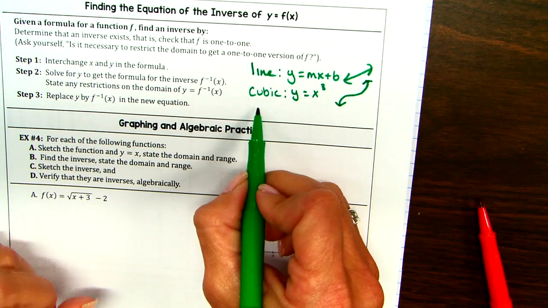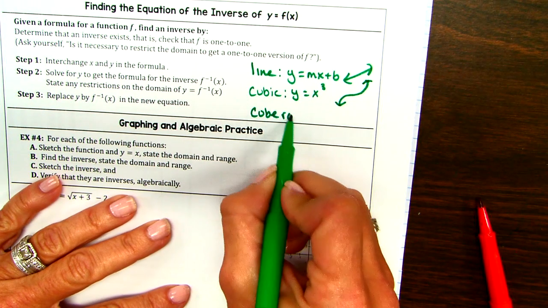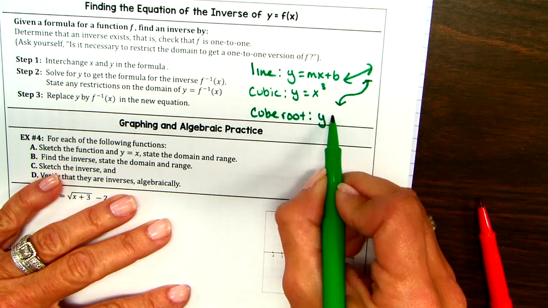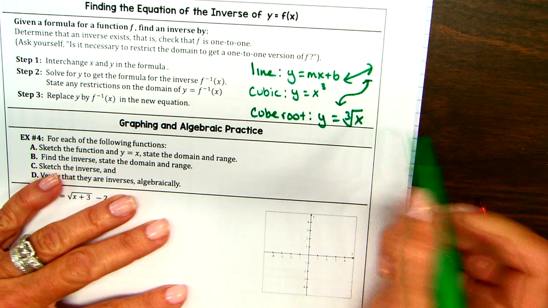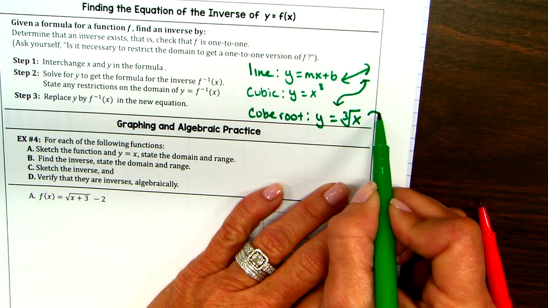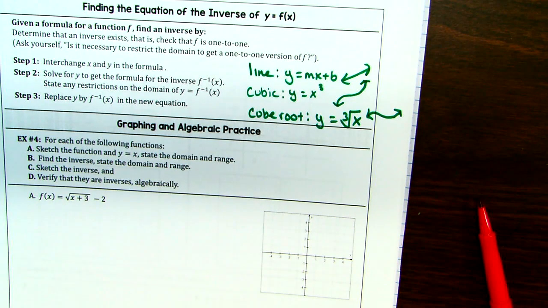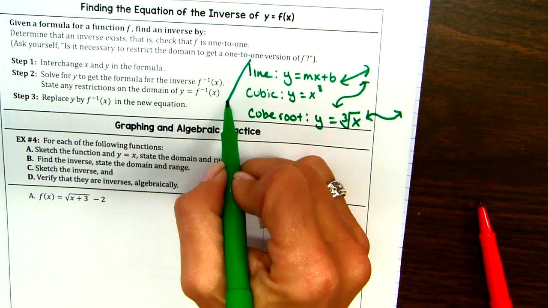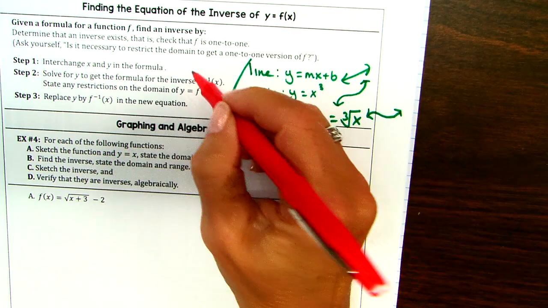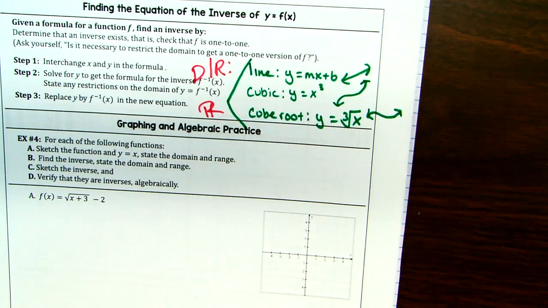And the last, sadly, there's only 3 really friendly ones, is the cube root, which is y equals the cube root of x. It looks kind of like a cubic, but it goes sideways. So it makes kind of a wave horizontally. What is friendly about these 3 is their domain and range is all real numbers. There's no restrictions.